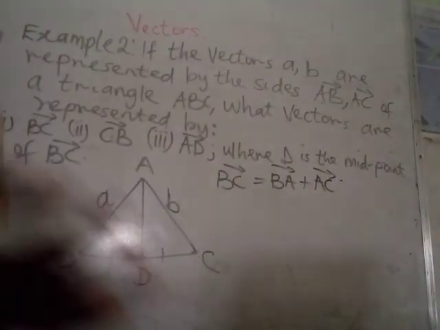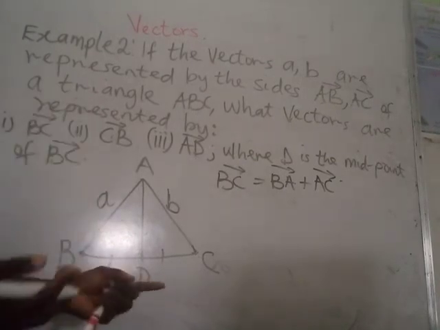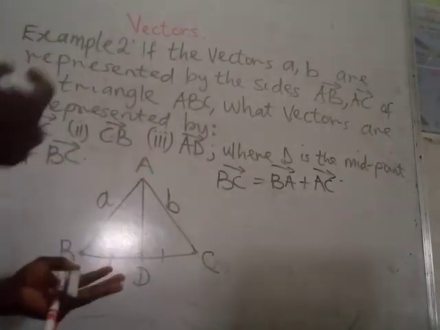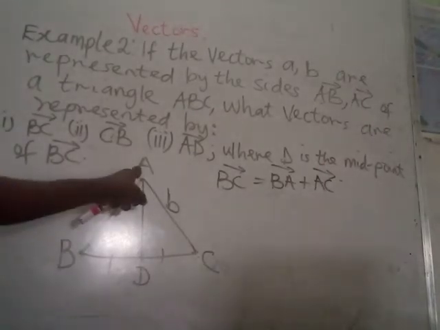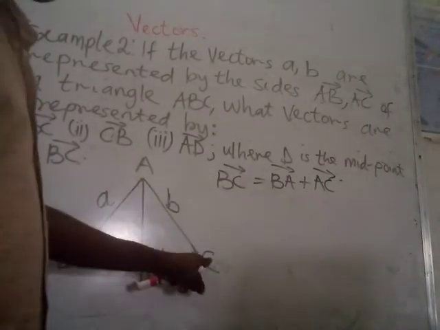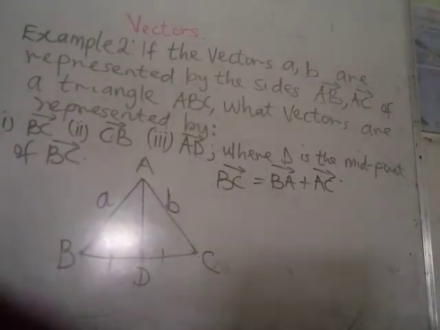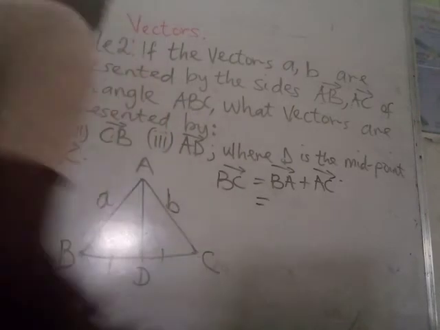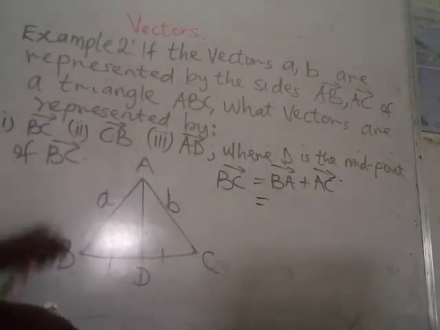Quite very simple. Just look at it, and assuming you are moving from one point to another, look at the direction in which you head by using the letters. So BA plus AC. We can now represent BC with letters a and b. Remember that vector a represents AB, not BA.